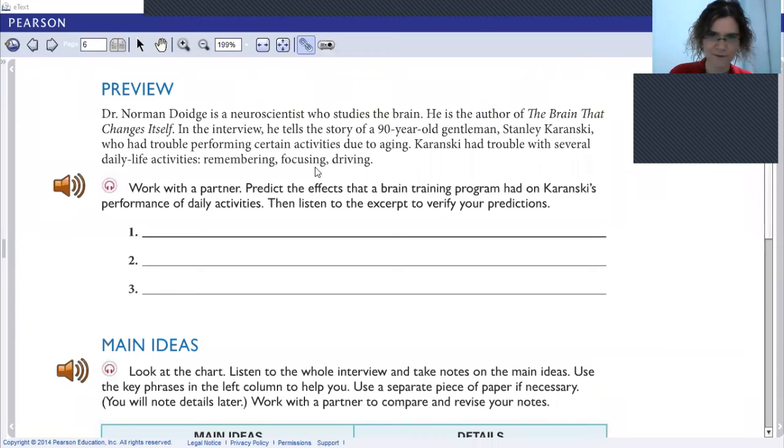I'm confused. Okay, no worries, you're confused. Is there anyone else who would like to try? So what were the effects? Predicting the effects that the brain training program had on Kerensky's performance of daily activities. You would have to have listened to it, and then you would predict the effects. It could be anything. Is there anyone else who would like to try?